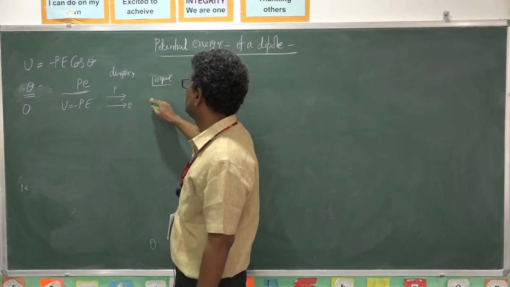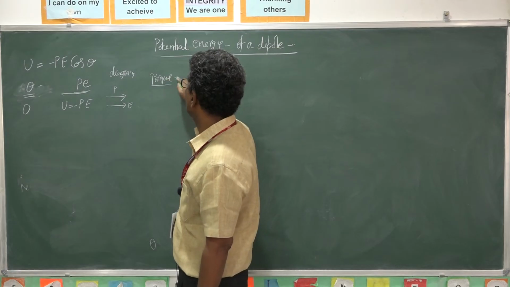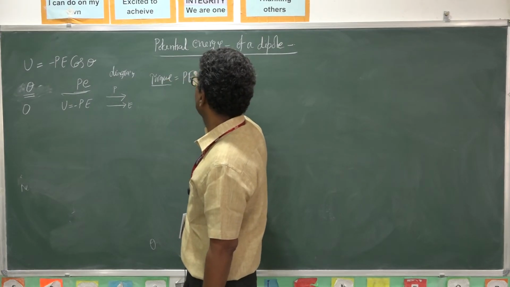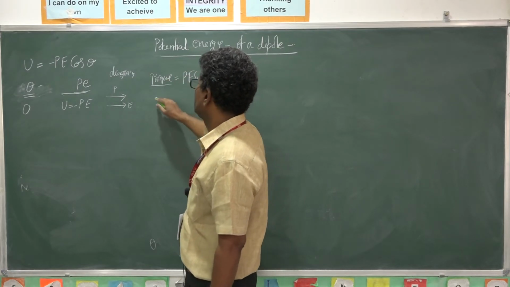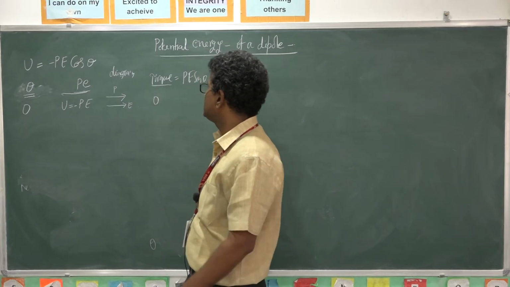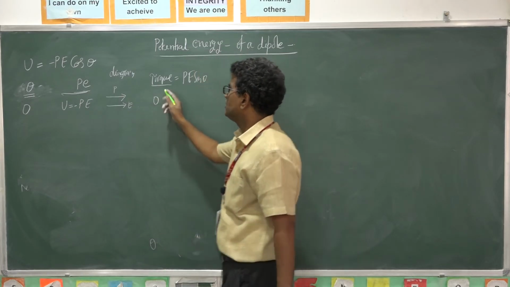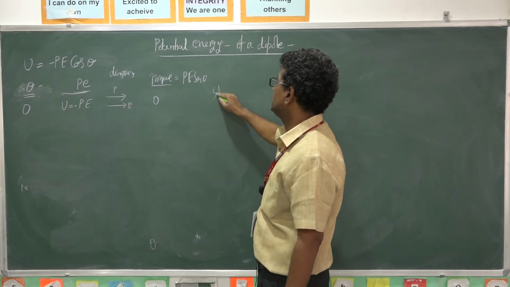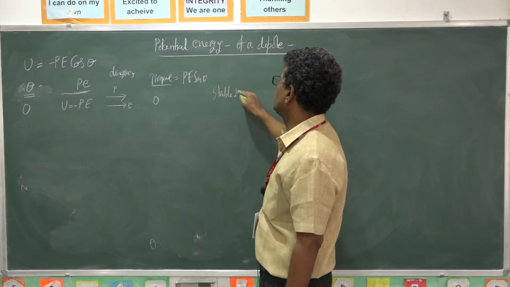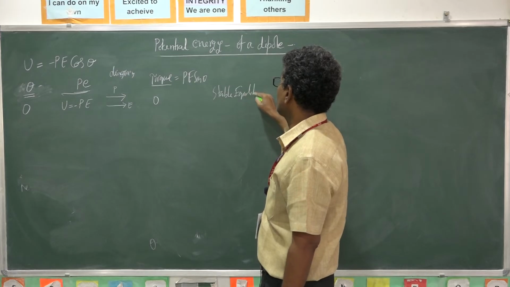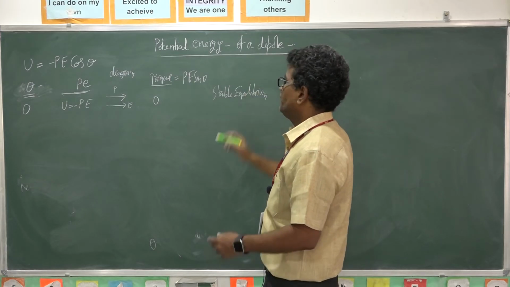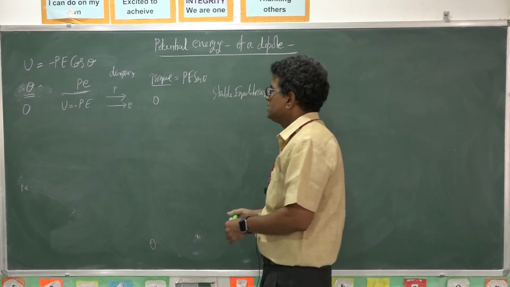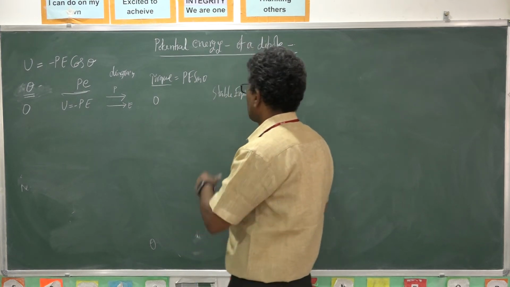We have the formula PE sin theta, theta is 0, so the torque on it is 0. This is the fourth column. The fifth column is that it is in stable equilibrium. So this is the point we discussed.